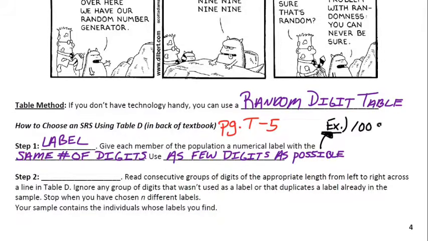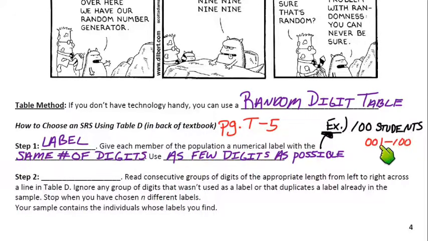So for example, you're going to sample 100 students. One way you could do it is label each student, like the first person, since I got to have the same number of digits in each label, I could give them 0, 0, 1. And the last student, they could obviously get 100. And I would randomly sample kids from there. Okay? So 0, 0, 1 to 100.